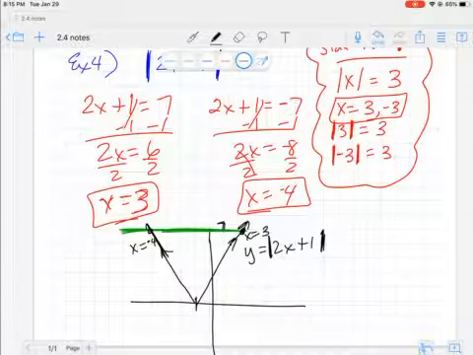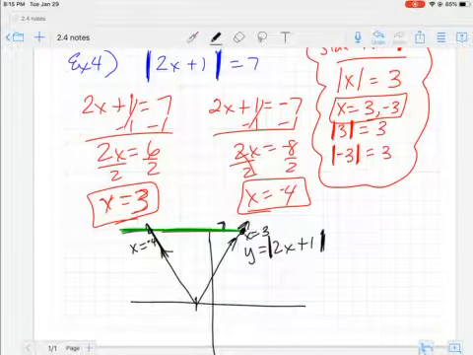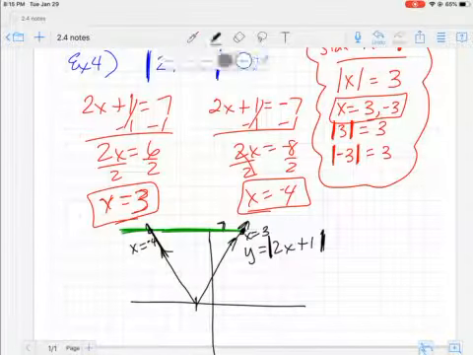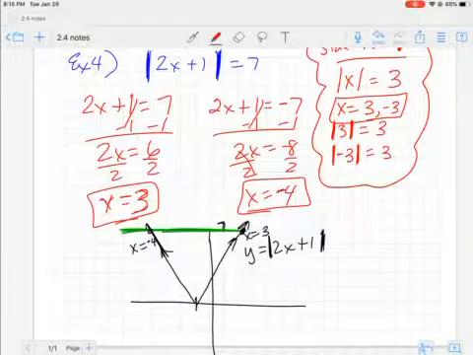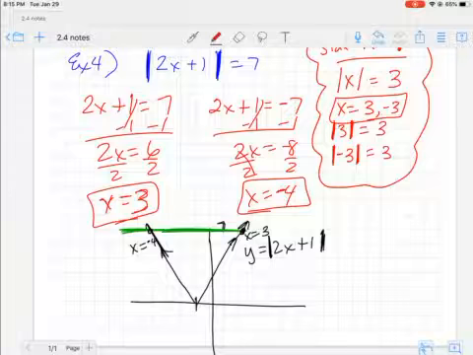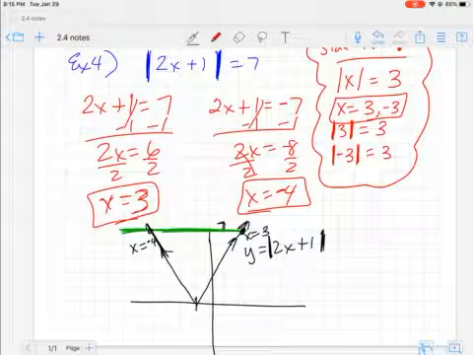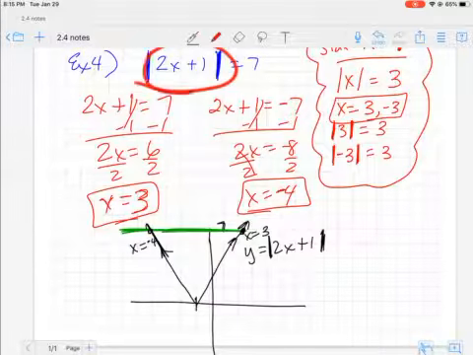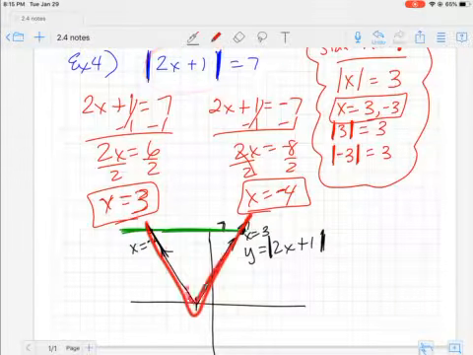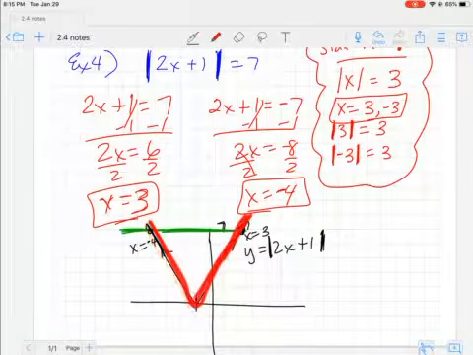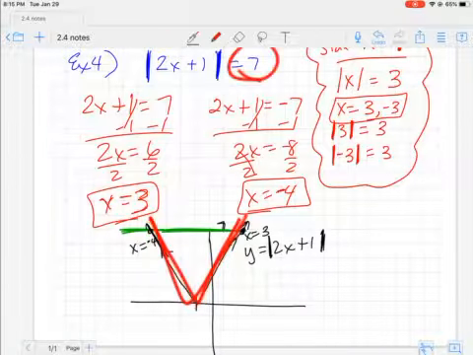That's what that means. So if I want to look at this graphically, analytically, we saw stuff analytically all the time, right? Oh, this is just what you do. Here is the procedure. I just want to make this connection for you so you understand why those are the two values. Because I have my y is equal to the absolute value of 2x plus 1 graph. I want to know, when is this graph equal to 7?